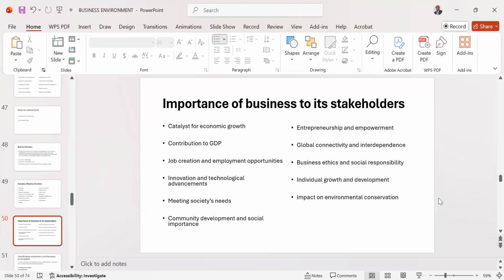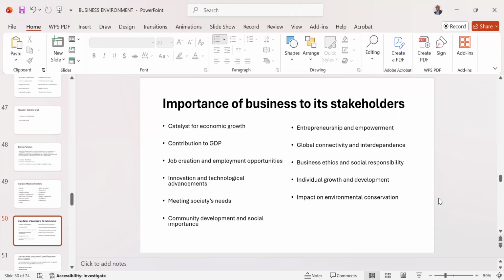You can even create a boot camp or a kind of entrepreneurship program that people can get into. For example, you can say, oh, we are supporting women or supporting youth to build their own businesses. So these are some of the things you can actually do in your organization.